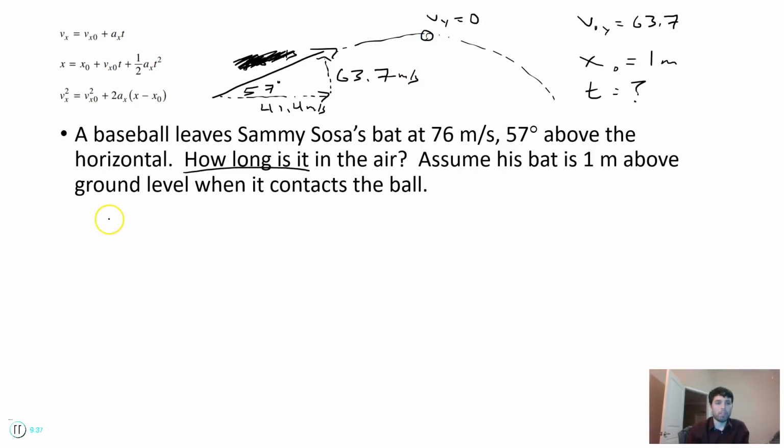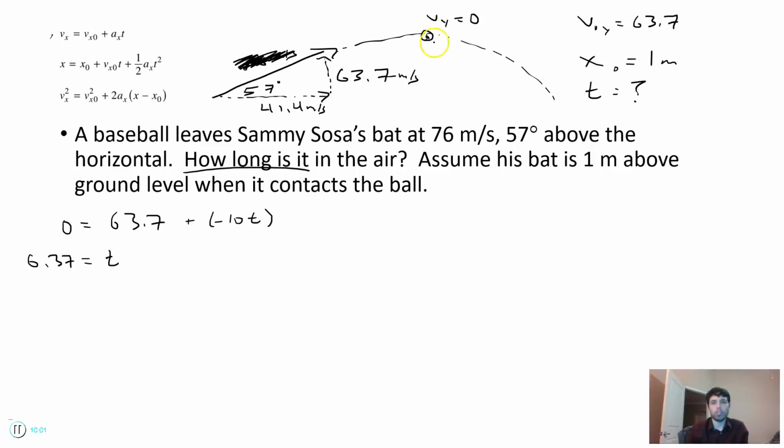At that spot, my velocity is 0, so I'm going to use this first equation here. Velocity 0 equals my initial vertical velocity, 63.7, plus a negative 10 times t. And I'm going to get t equals 6.37 once I do a little algebra there. Alright, so that's my t. That's to get to this high point, right?